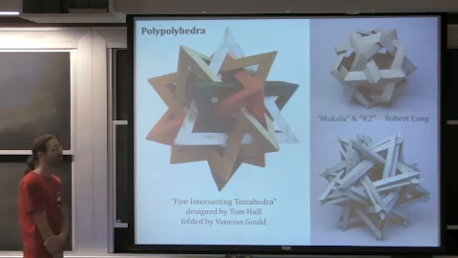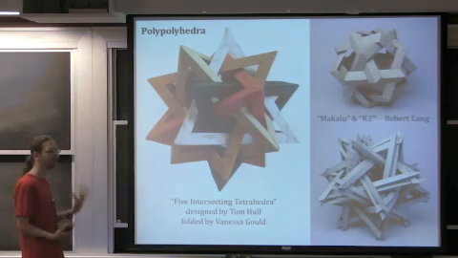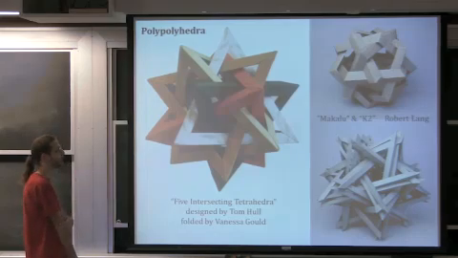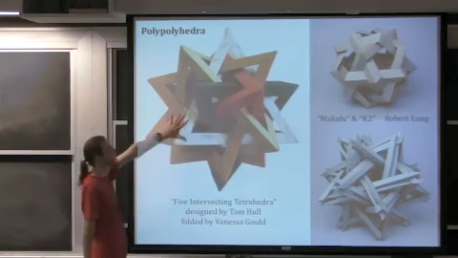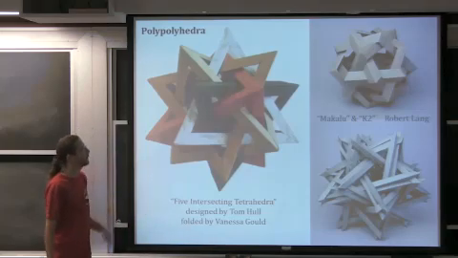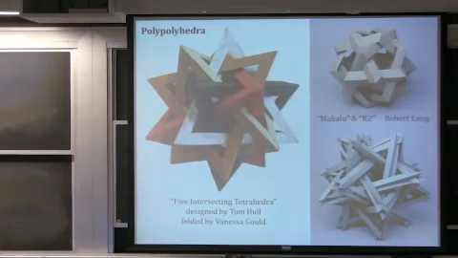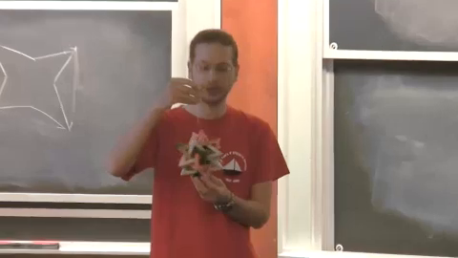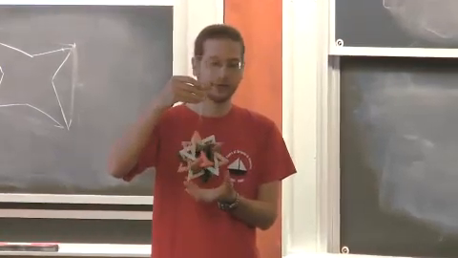Next, we get to polyhedra. This is the idea of taking multiple polyhedra and weaving them together, and then making that out of origami. This is one of the most famous designs in this family, called FIT, or 5 intersecting tetrahedra, designed by Tom Hull. This is a photograph of one that I am the proud owner of. It was folded by Vanessa Gould, who directed Between the Folds, which is the documentary you all heard about when Jason mentioned it.